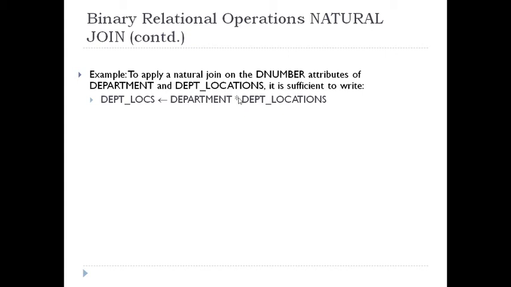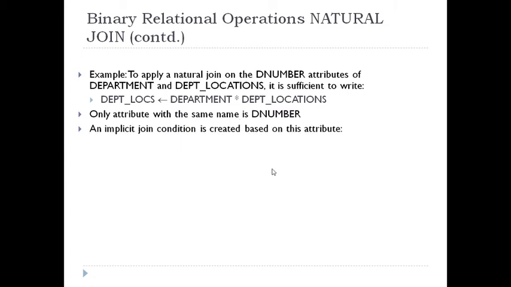When we write department star department_locations, it will take the natural join, internally see the common attributes, and perform the equijoin on that common attribute, only the attribute with the same name, DNUMBER. So an implicit join condition will be created: department.DNUMBER equal to department_locations.DNUMBER, and you will get the result.